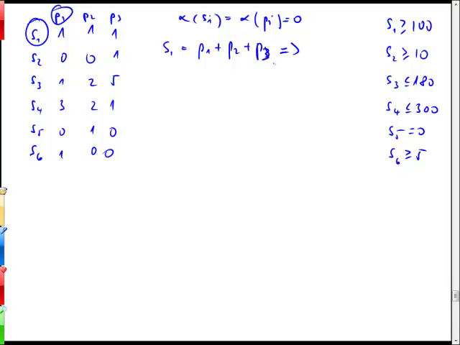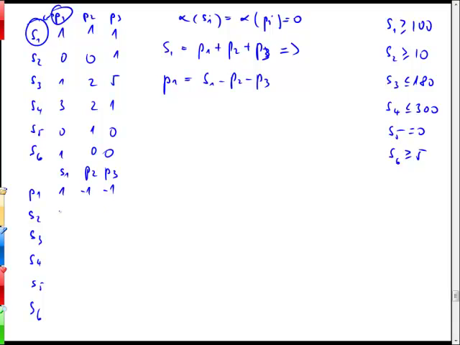From this I can imply that P1 equals S1 minus P2 minus P3. So I can pivot the two, and I get the following tableau. One minus 1 minus 1.